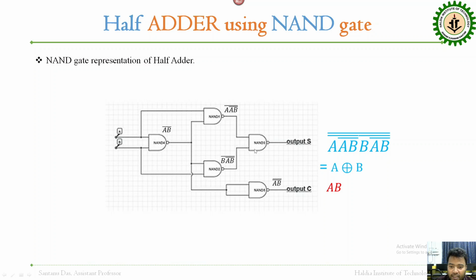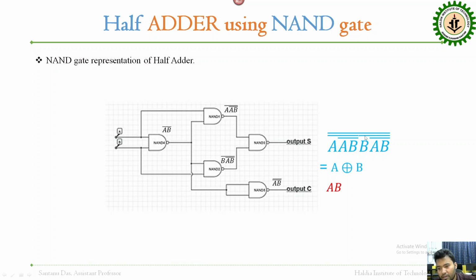And for this NAND gate, you can see it actually passes through the A into AB bar whole bar and B into AB bar whole bar. So after passing through this NAND gate, the output will be A·AB bar, B·AB bar.